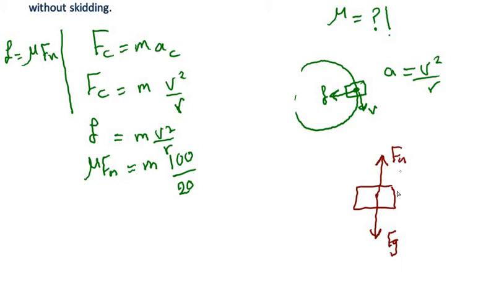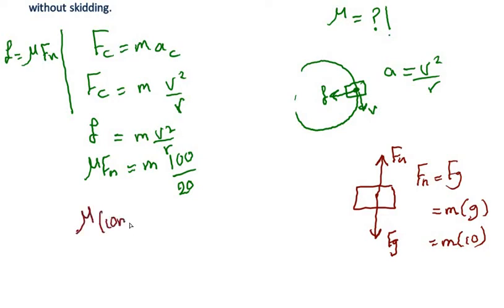So Fn and Fg are equal because the car is not moving in the vertical direction. Sigma Fy, or of the vertical direction, is 0. Then Fn equals Fg. Fn is the mass of the car times g, which is 10 meters per second squared. So mu times 10m is equal to m times 100 over 20, which is 5.